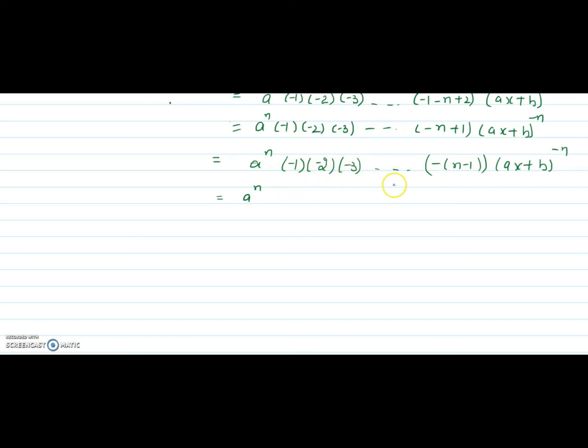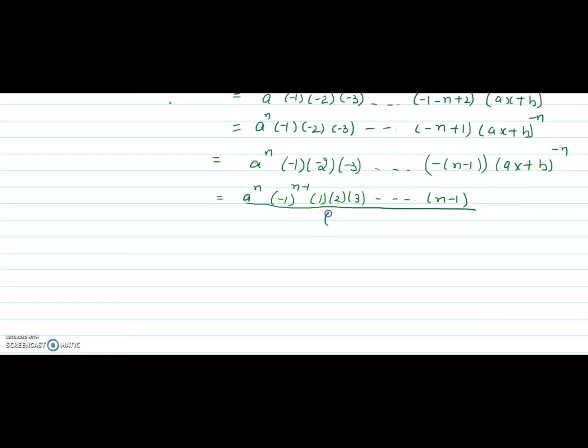If I take negative 1 common out of these n minus 1 times, I will be getting minus 1, n minus 1 times, which will be equivalent to writing minus 1 raised to power n minus 1. Because I have taken minus 1 common out of these n minus 1 terms, now I will be left with only positive n minus 1 terms.